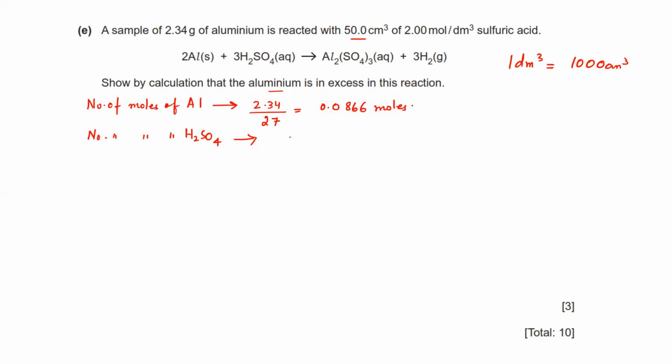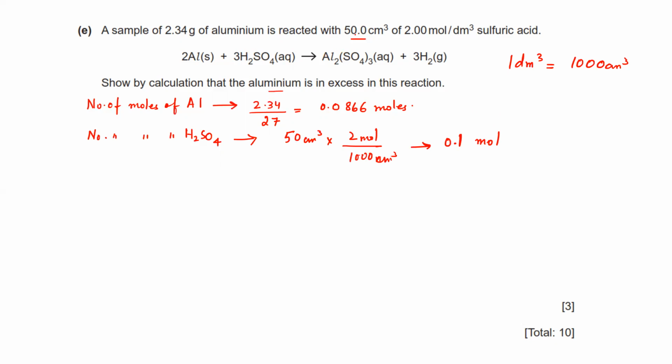So 50 cm3 is the volume and 2 moles per 1000 cm3. So the number of moles is equal to 0.1 mole.